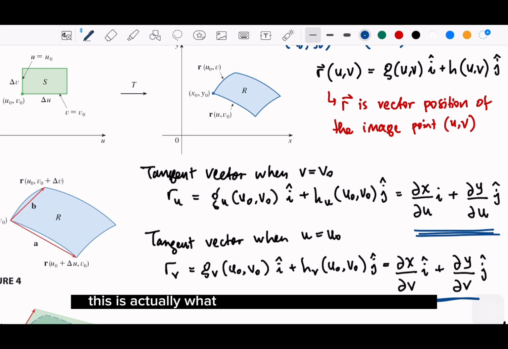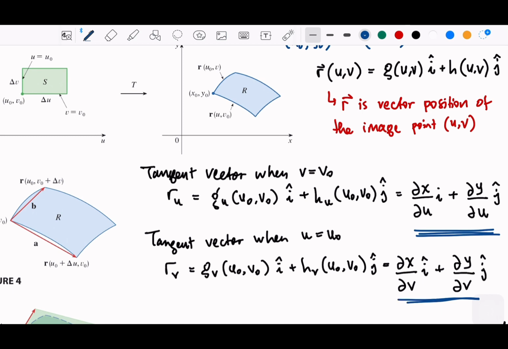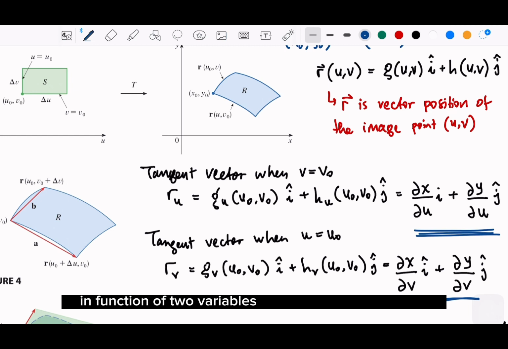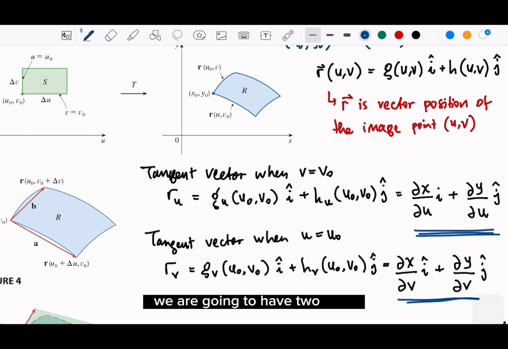This is actually what we did in chapter 14. For a function of two variables, the tangent vectors are two, with respect to x and with respect to y. This is also the same, but now we have v and u.